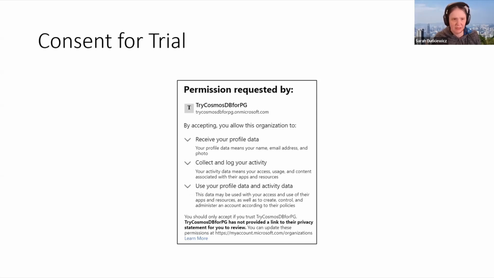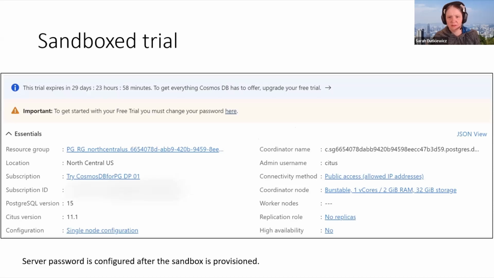Once you give consent, then you're going to be in what's known as a sandbox trial. Think of it just like sandboxes, for example, if you're on Microsoft Learn and you need to test some things, it's very limited what you can do. But it's not tied to your subscription per se, it's tied to your account. And if you don't see it in the Azure portal, it's under switch directory.